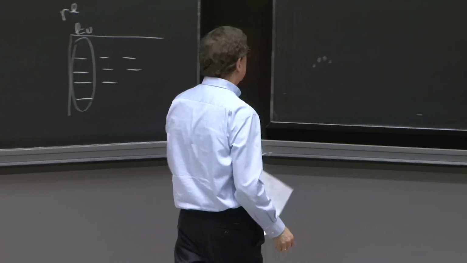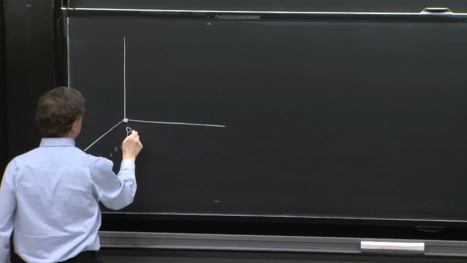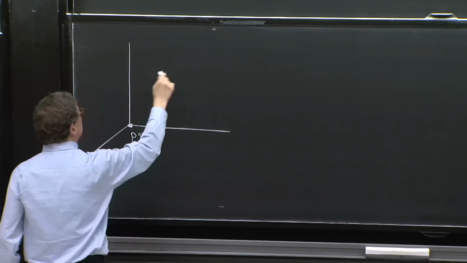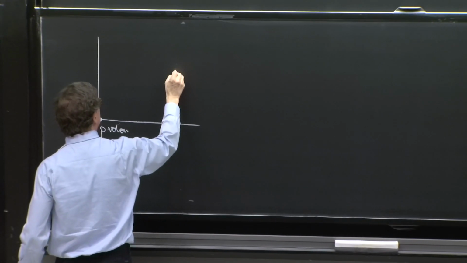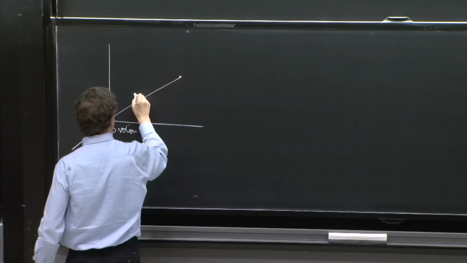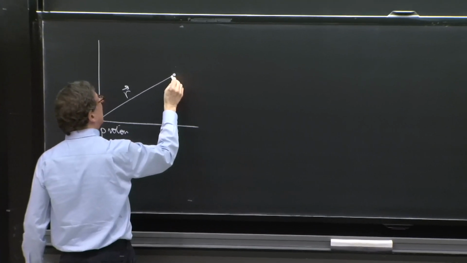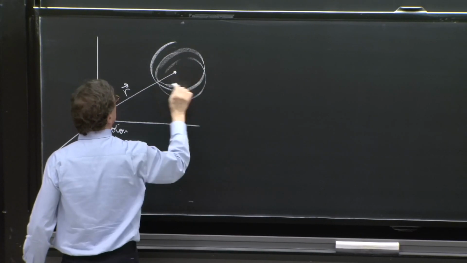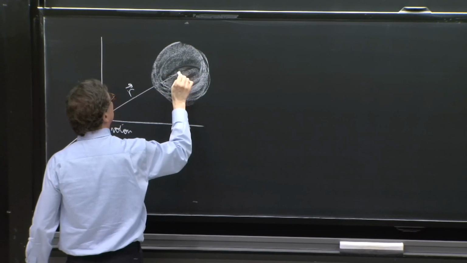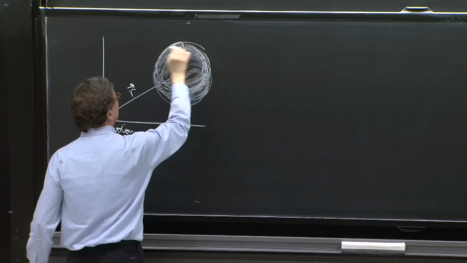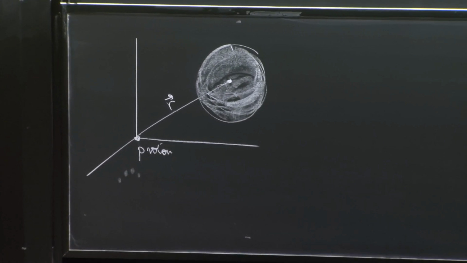So let me make a drawing here. Here is the proton. And it creates a potential, and we would put an electron at a point r. There's the electron, but now we're going to think that this electron is really a cloud. Like this. And the charge is distributed over there.